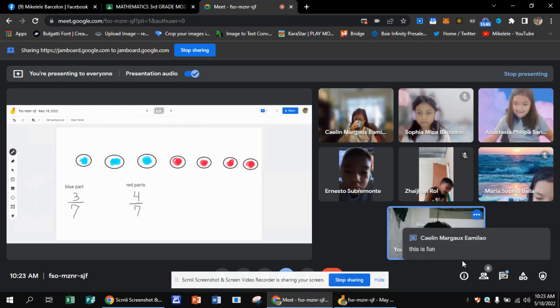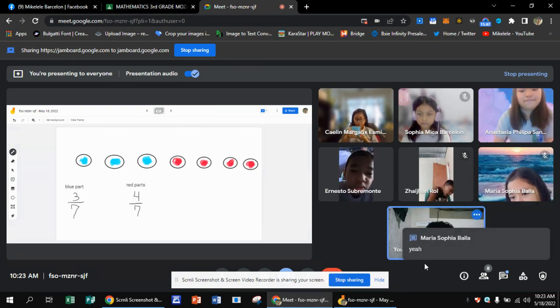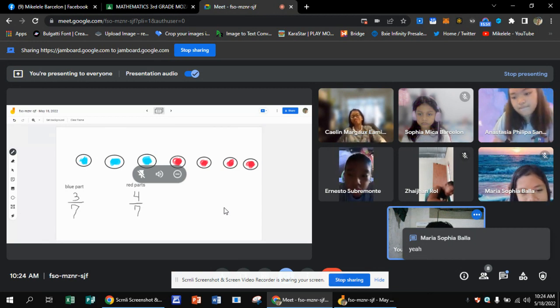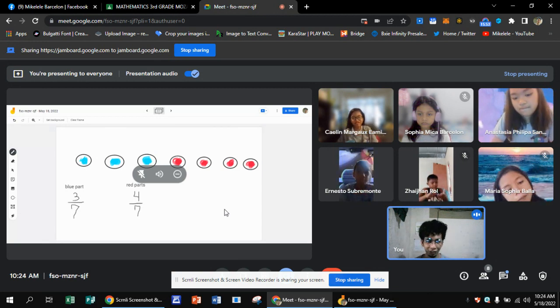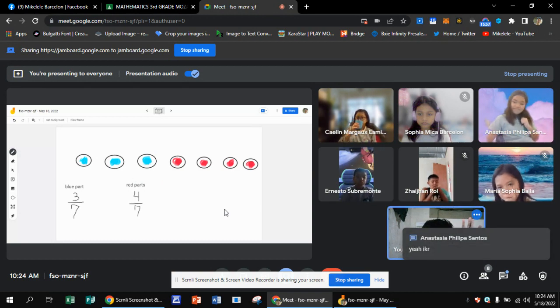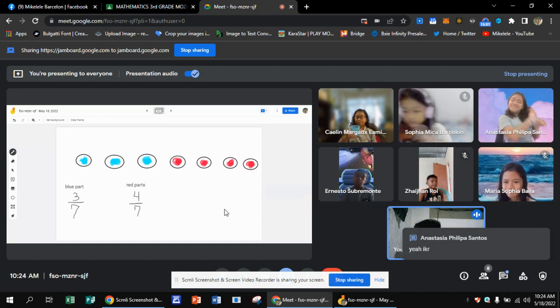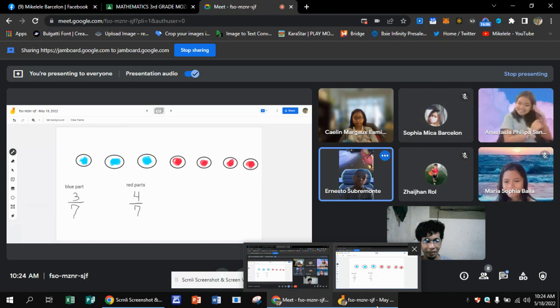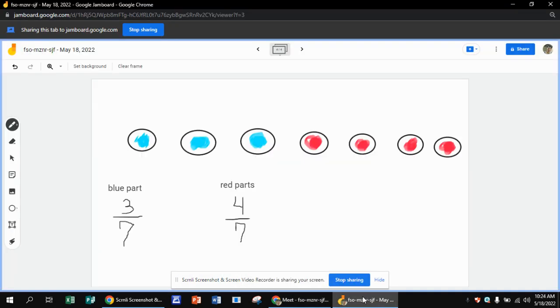So the red part is 4 over 7. So never confuse. Huwag po kayo ma-confuse. Sino nako-confuse pa? Wala na. Okay.